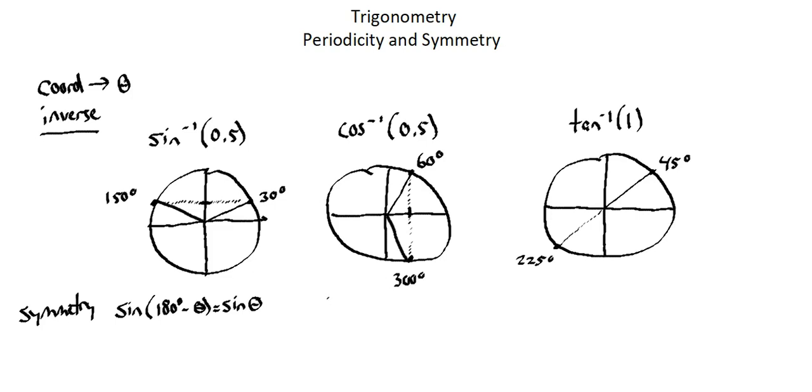For cosine, cosine of 360 degrees minus the angle is the same as cosine of the angle. And for tangent, tangent of 180 degrees plus the angle is the same as tangent of the angle.